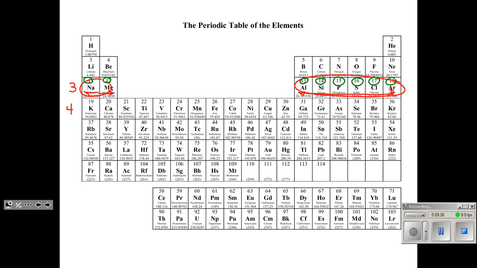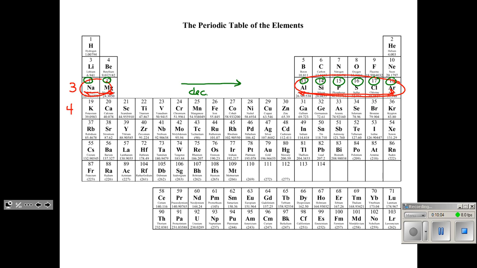But the nucleus is getting stronger. What happens is that the nucleus pulls its electrons in just a little bit tighter, so that as you go across the periodic table, the size of the atom decreases. It gets, listen people, it gets slightly smaller. Not a lot smaller, but slightly smaller.